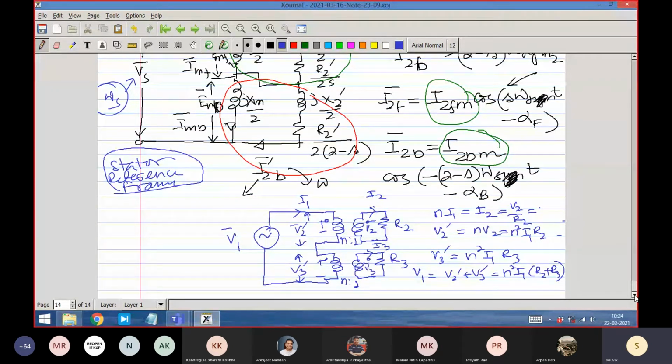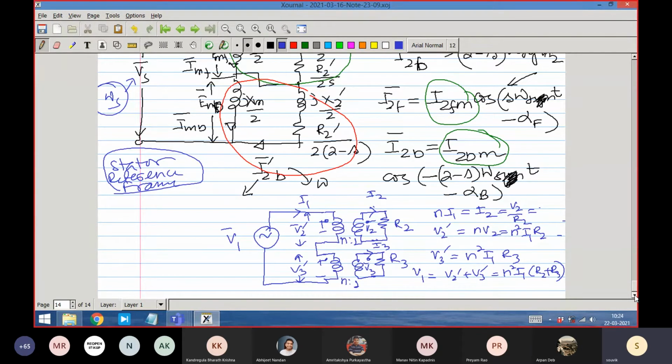At what point does this frequency shifting happen? The original rotor equation was written in a frequency of s omega s. But after division and scaling, when we come to the stator reference frame, the reflected rotor current has a frequency of omega s, not s omega s.